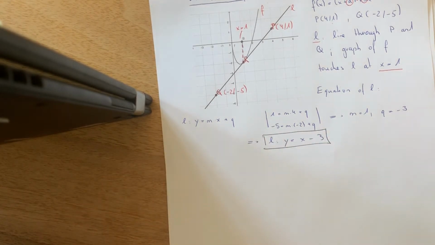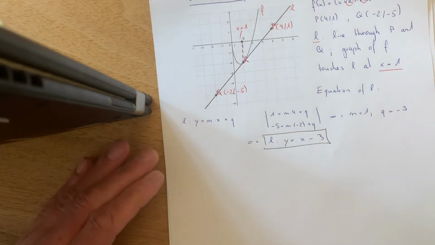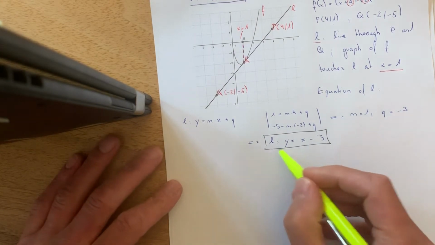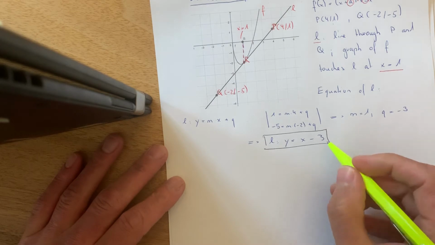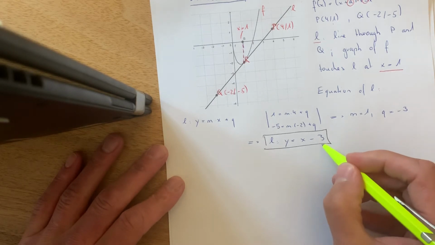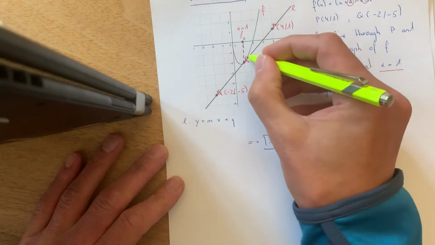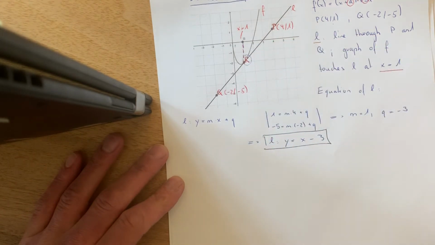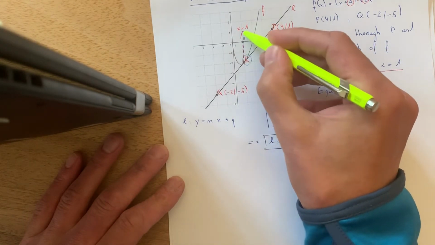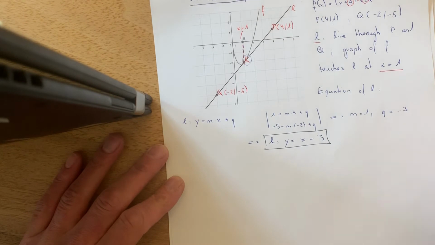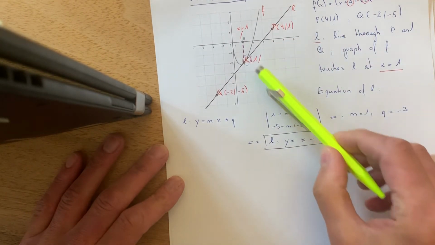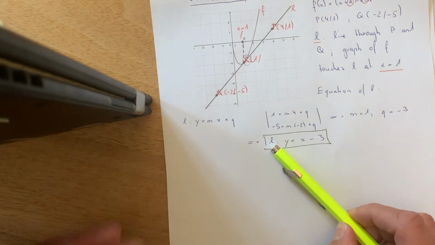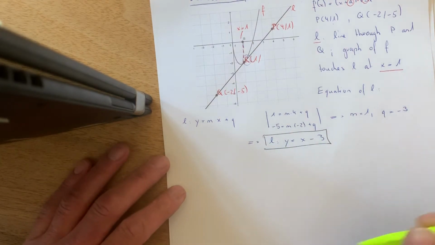So now let's continue. Well, now we can do 2 things with this straight line equation. The first thing we can do with the help of it is to find the coordinates of this point R. We know the x-coordinate of that point R. The x-coordinate of that point R is 1. And now, since this point R lies on the straight line L, we can find the y-coordinate of that point.